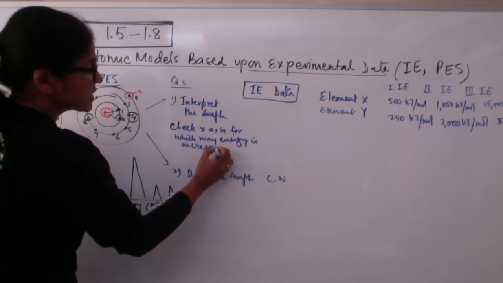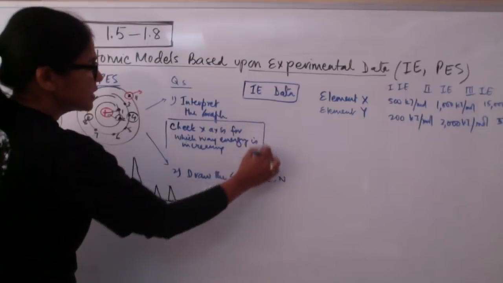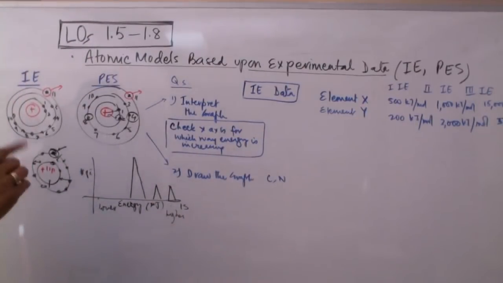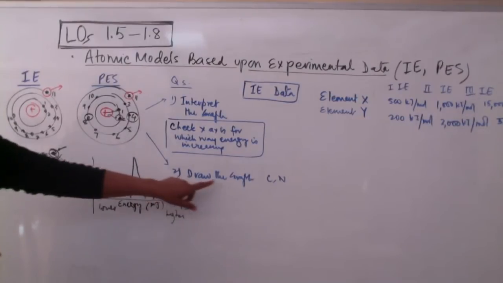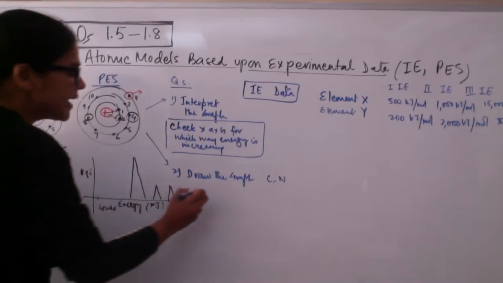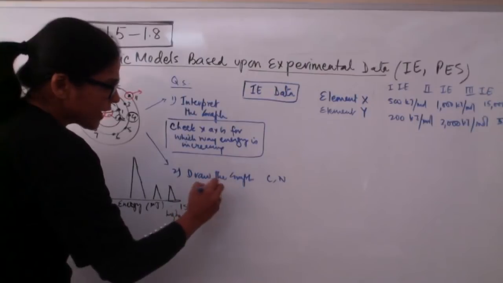Because sometimes it is in increasing order, sometimes it's in decreasing order. So you need to make sure you're reading it right. Now, the second type of questions are drawing the graph. So they may say an element or draw the graph for carbon.